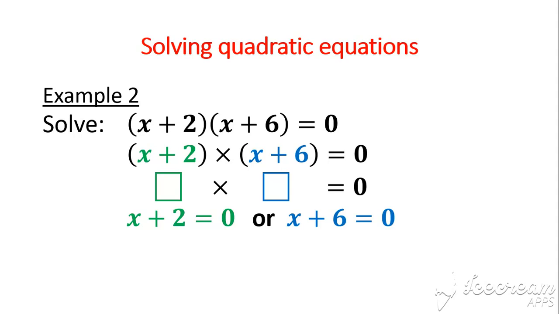So to make the first bracket 0, I'd have to put negative 2 in there. Negative 2 plus 2 makes 0. For my second bracket, something plus 6 to be 0, I would have to make it negative 6, because negative 6 plus 6 makes 0. So my two possible answers are negative 2 or negative 6.